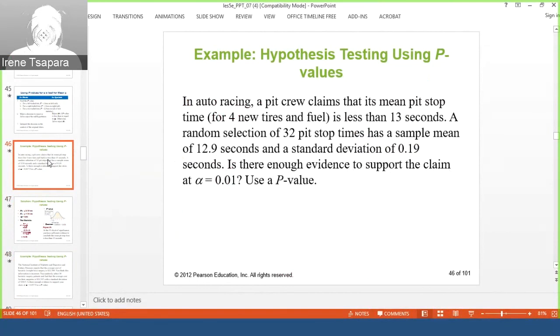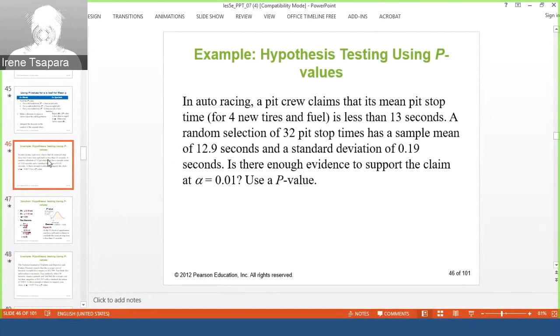A random selection of 32 pit stop times has a sample mean of 12.9 seconds and a standard deviation of 0.19 seconds. Is there enough evidence to support the claim at alpha significance level 0.01? We want to use the p-value method.